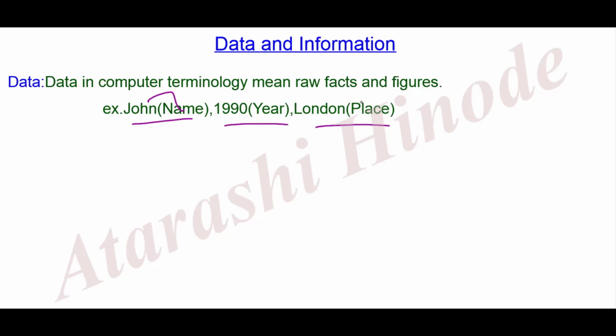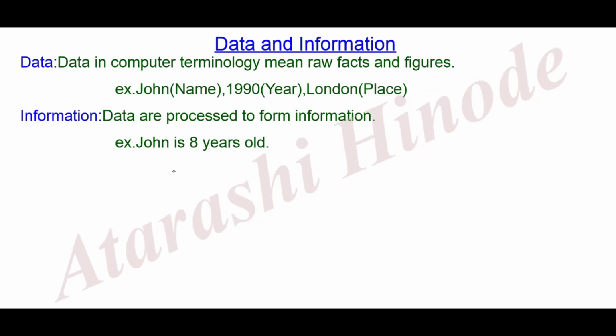So what is meant by information then? Information is processed data. It has a valuable meaning. Data are processed to form information. So, John is 8 years old. Here, for the example of data, we have taken John. The same John, that data, is present over here in the information as well.